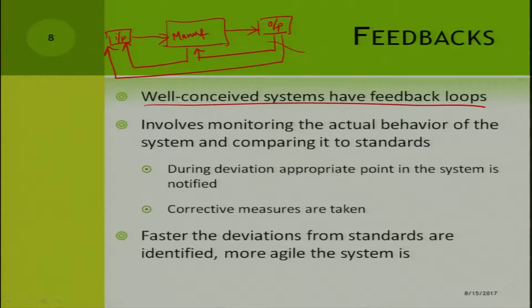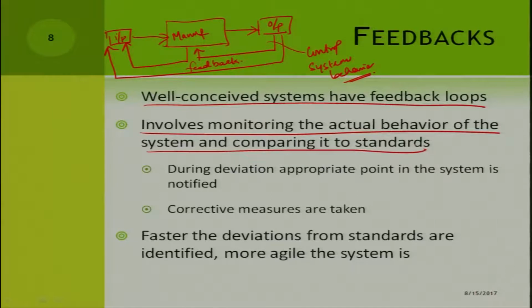This feedback is used to control system behavior. Why is this feedback important? The feedback is important because it involves monitoring the actual behavior of the system and comparing it to the standards.